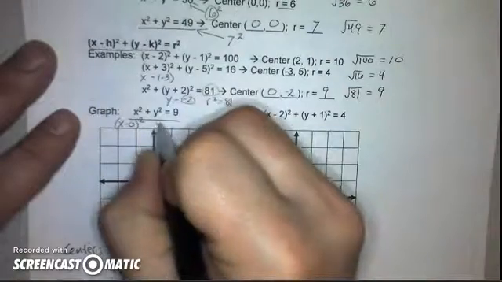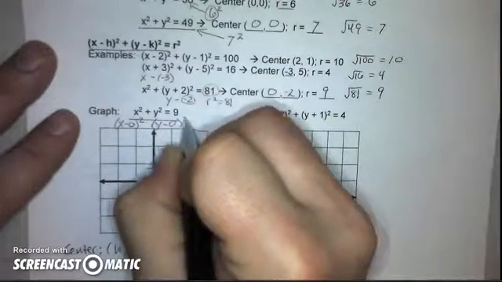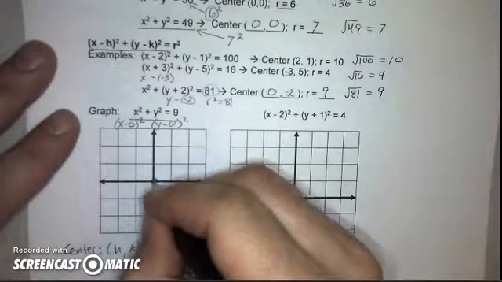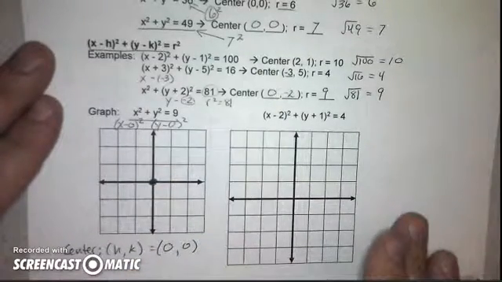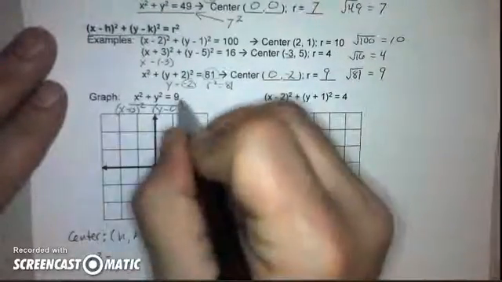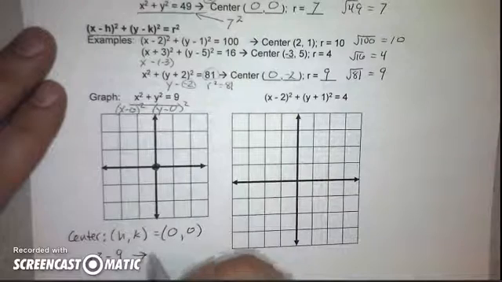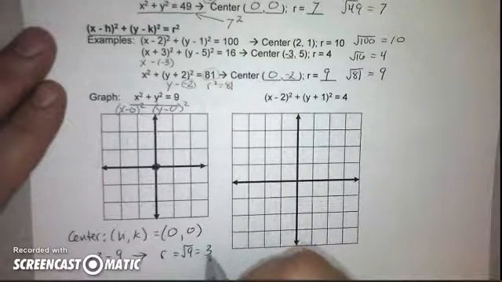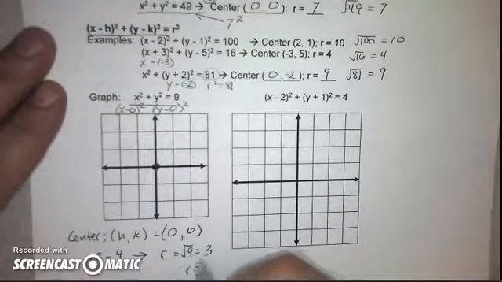And the same thing for y. Y minus 0 squared is how I get just y squared. So the center is at the origin, 0, 0. So go ahead and mark that point on your graph. And then if r squared equals 9, the radius is the square root of 9, which is 3. So the radius is 3.